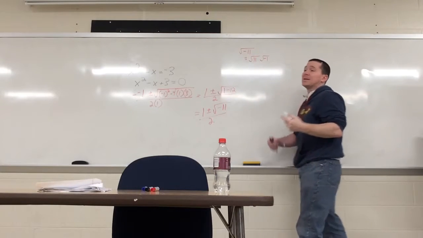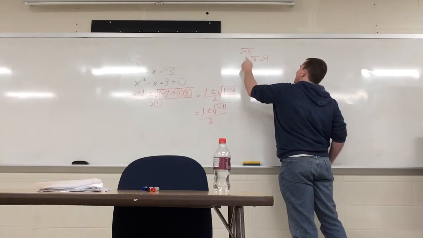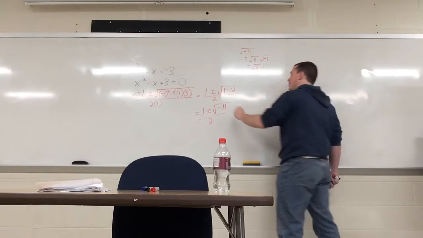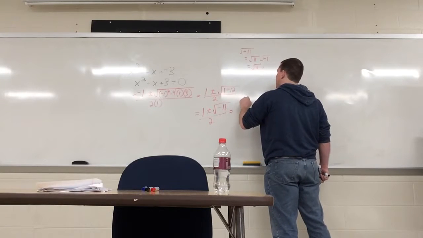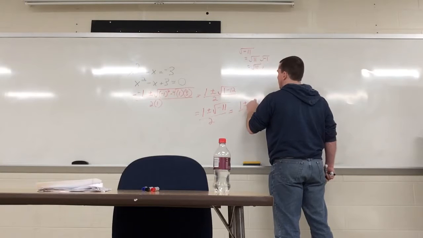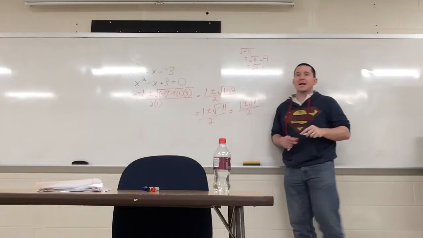The square root of -1 is i. So this becomes root 11 i. So now we can rewrite this as 1 plus or minus root 11 i over 2. Are we done?